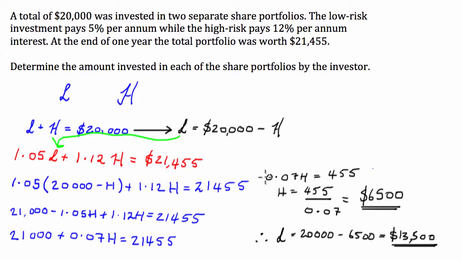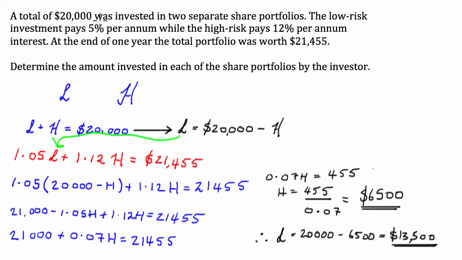So let's just recap what we've done. First of all, after reading the question, we found that we are looking for the amounts of money invested in each portfolio, and we denoted each of the things we're looking for in terms of a variable or a letter.